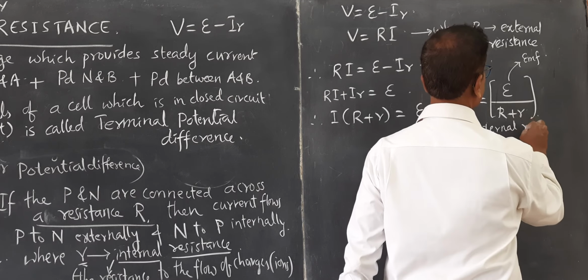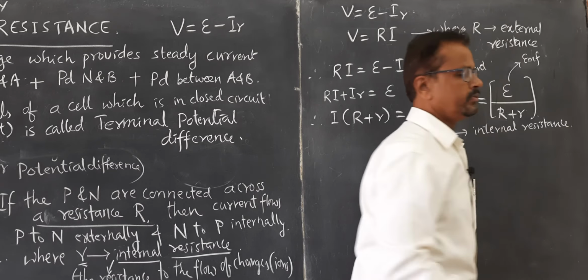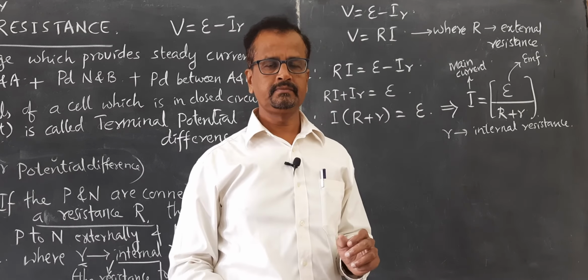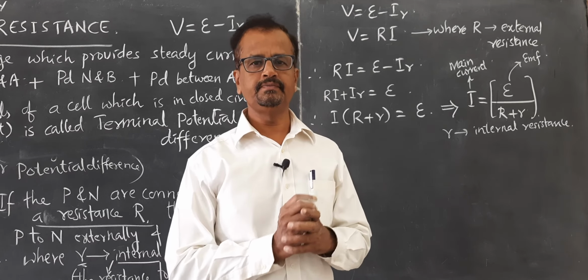And remember, this internal resistance usually will be negligibly small. Unless otherwise mentioned, r will be taken as 0.